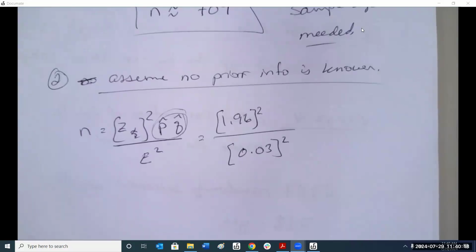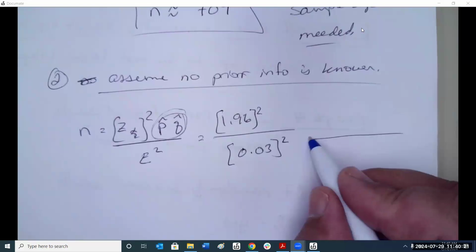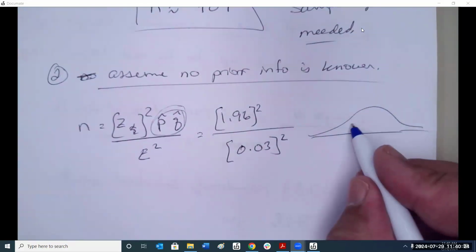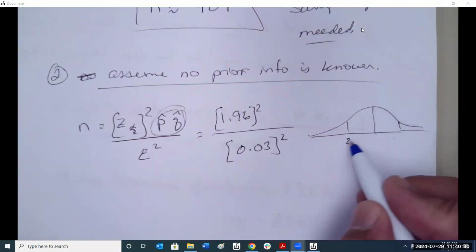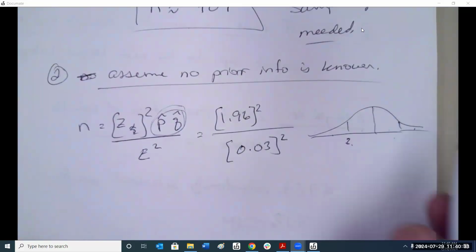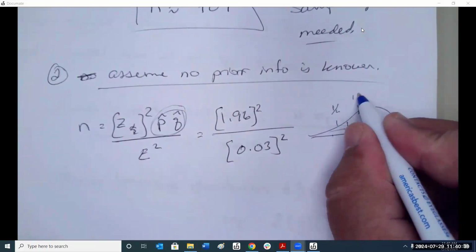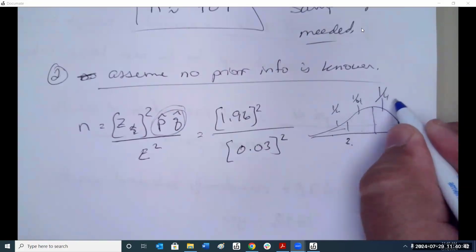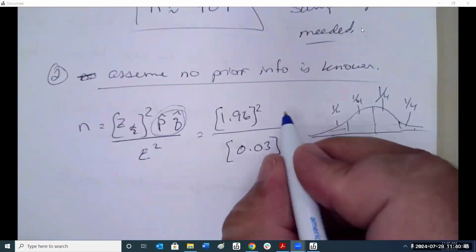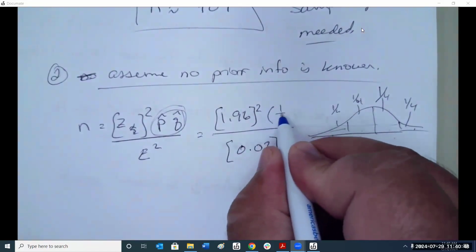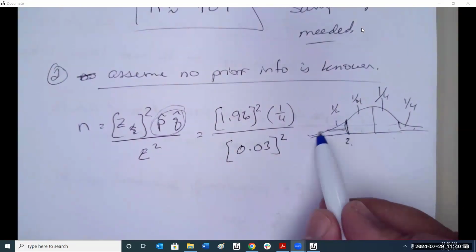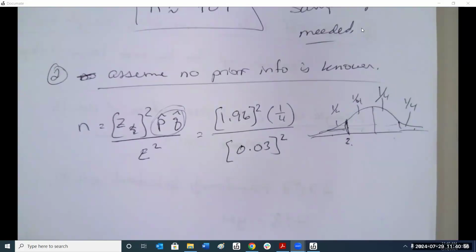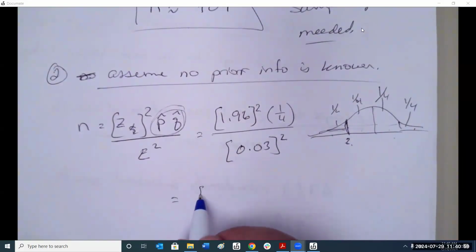If you look at our bell curve, there's Z1, Z2, and it's cut in half, so we have 4 areas. Each one of these is 1/4. That's why we use 1/4 here. Since we don't know for sure, we use 1/4, which is 0.25 in decimal.